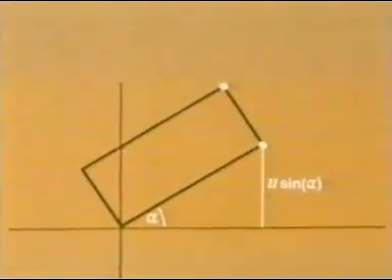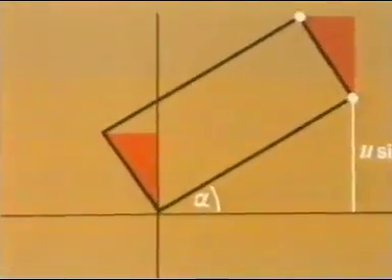Now for this upper distance. We haven't seen a triangle like this up in the air before, but it's exactly the same as this triangle down here. And this is like the one we used for finding the special point 0, 1.